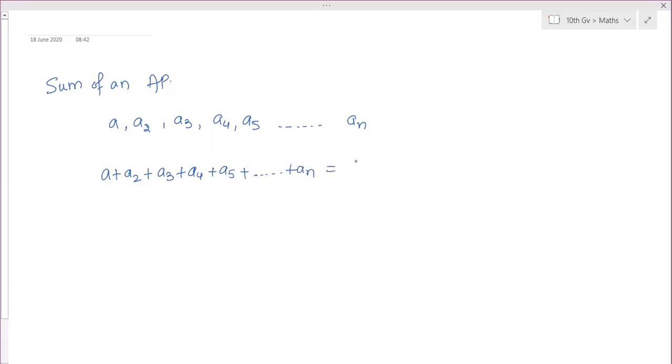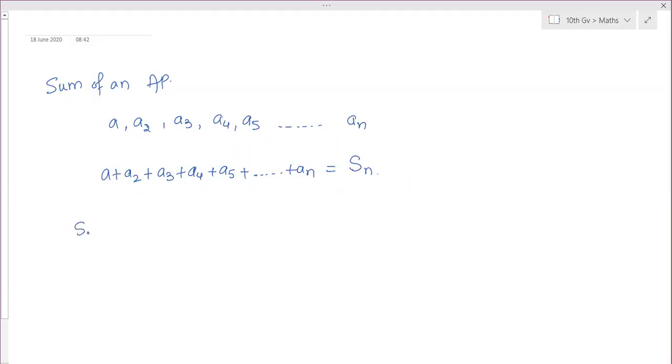That is called the sum of an AP, denoted by the symbol Sn. Sum of these many number of terms, and n can be anything: 1, 2, 3, 4, 5, anything is possible. That is adding the numbers from the beginning to the nth term; if we add, then we call that the sum of an AP.